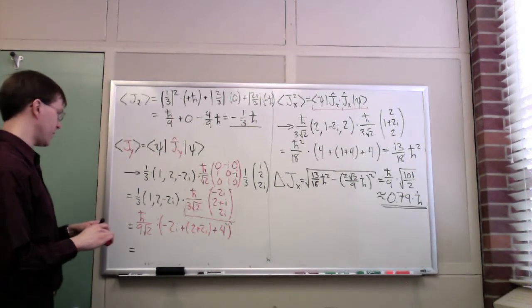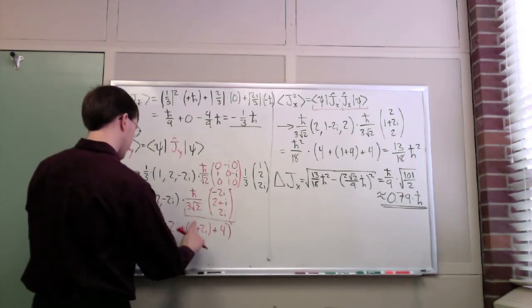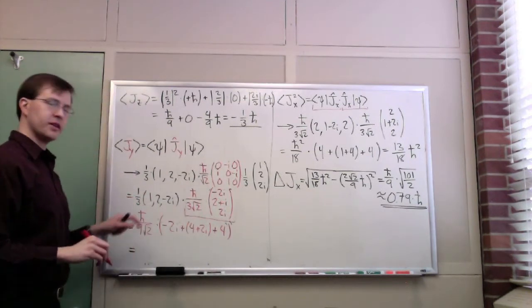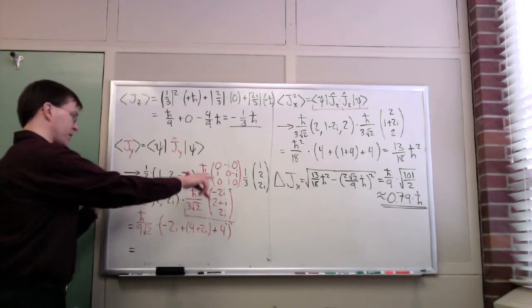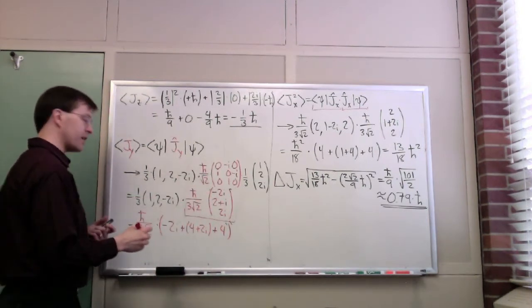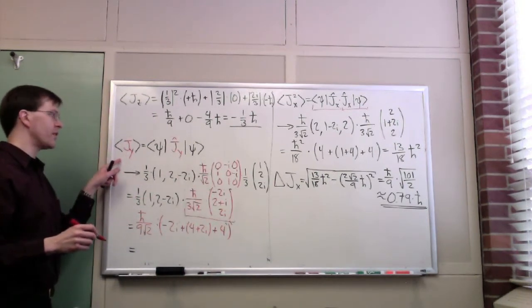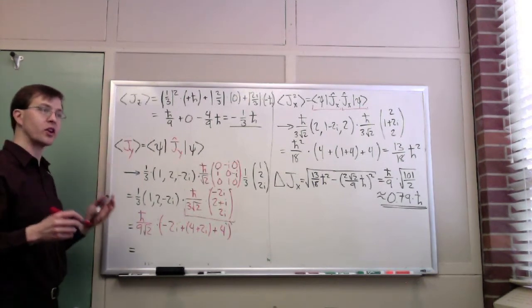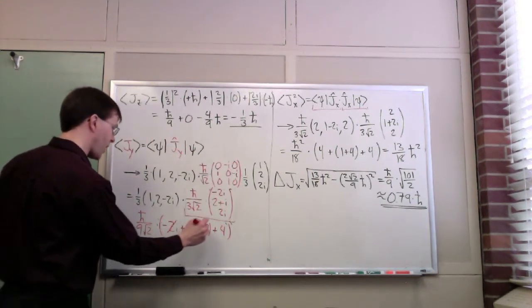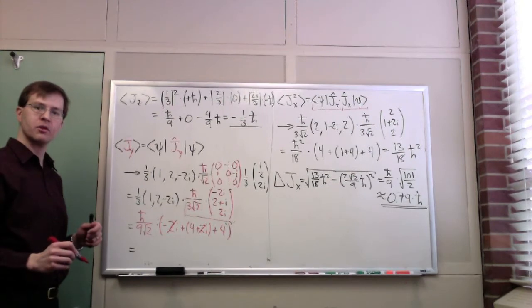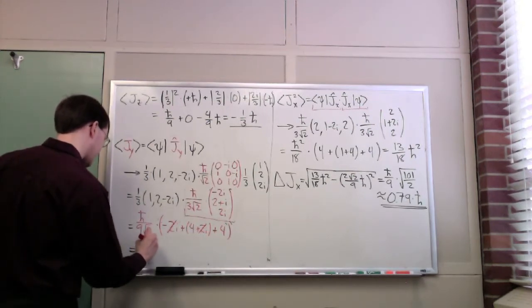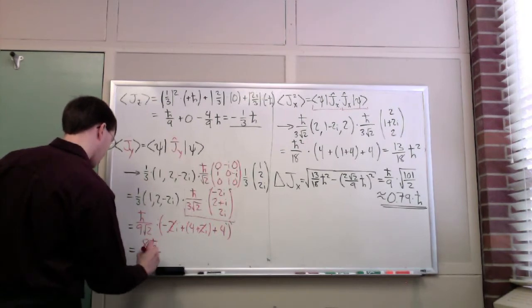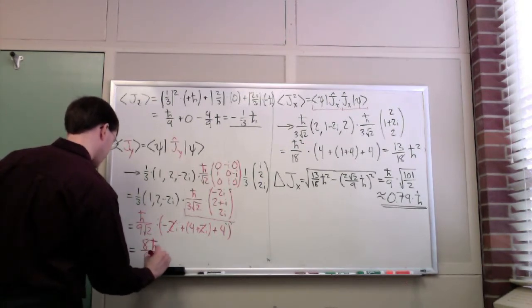Did I multiply that wrong again? 4 plus 2i, plus 4. There's my product of the row matrix times the column matrix. Again, thank goodness, this is a Hermitian operator. I'm taking the expectation value of a Hermitian operator, so I should get a real result, and indeed, the minus 2i and the plus 2i cancel out between those two terms. I'm left with just 8 inside, so this is 8 h bar over 9 square root of 2.